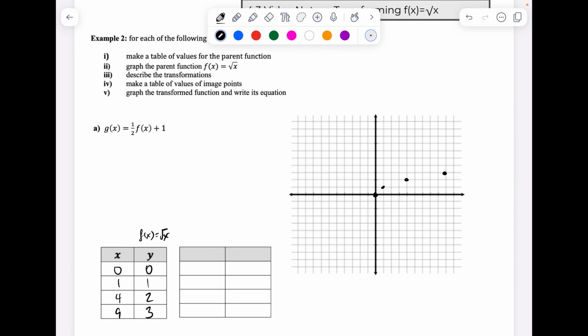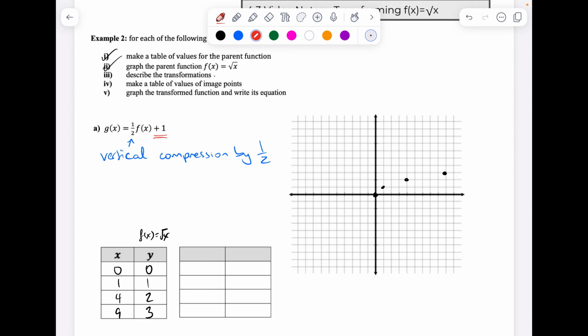And then we're going to describe the transformations. So this is done, this is done. Describe the transformations. Well, multiplying the whole function by a half is vertical, because it's the whole function. It's multiplying, so it's stretch or compression. In this case, it's a compression by 1/2.